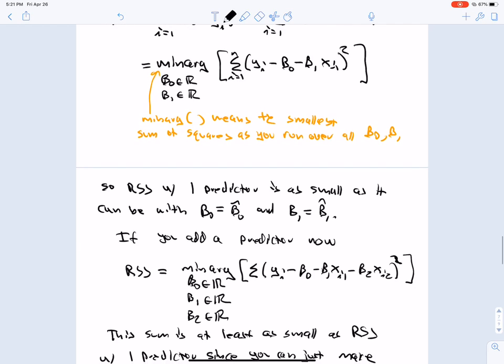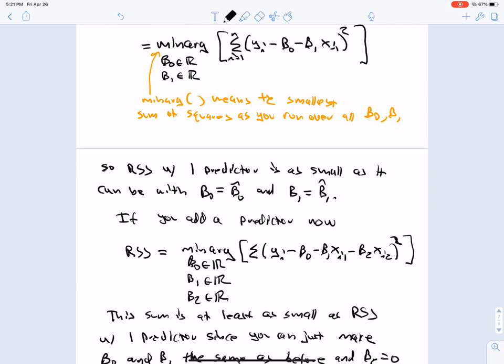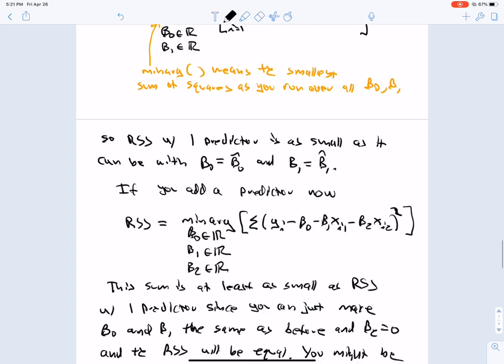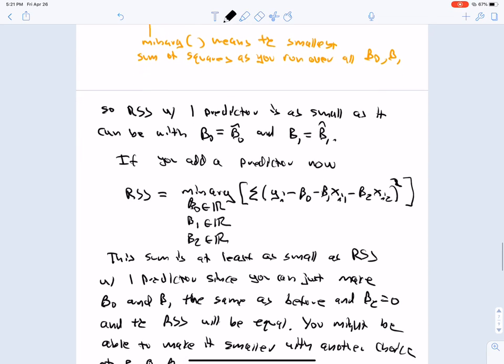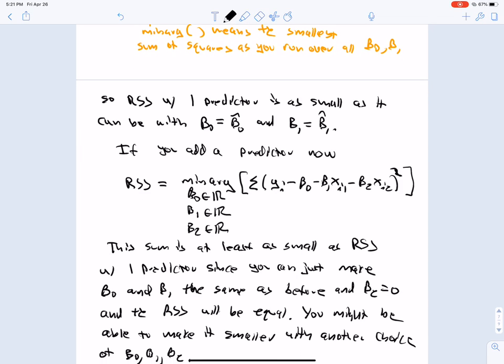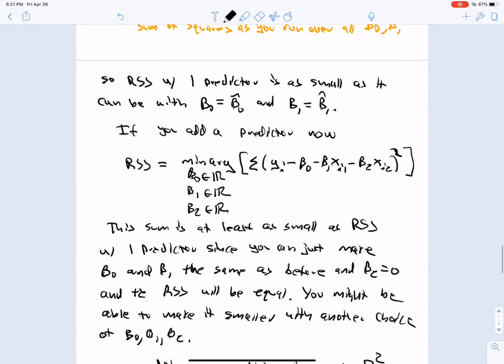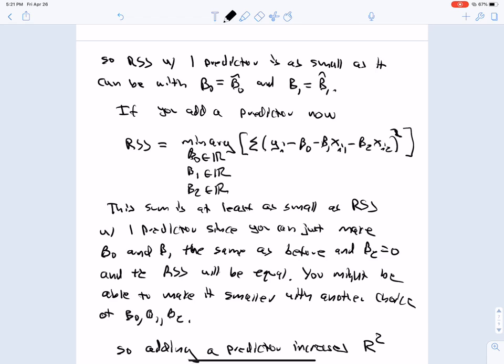You find the beta 0, beta 1 that makes it as small as possible, and you call them beta 0 hat, beta 1 hat. Now, if you add a predictor, your RSS is the min arg over 3 parameters. And this sum is at least as small as the RSS with one predictor, since you can just make beta 0 and beta 1 the same as before and beta 2 be 0, and then the RSS will be equal.